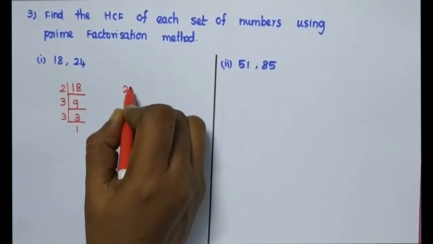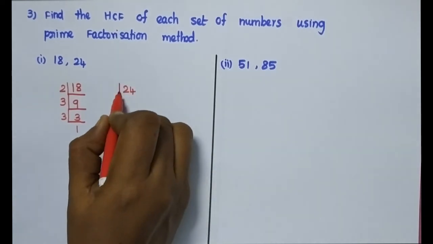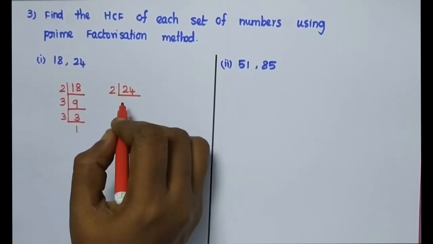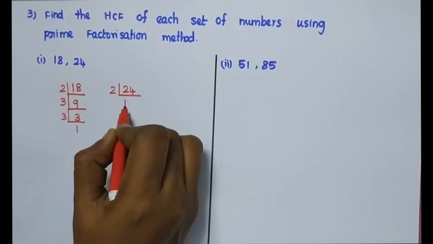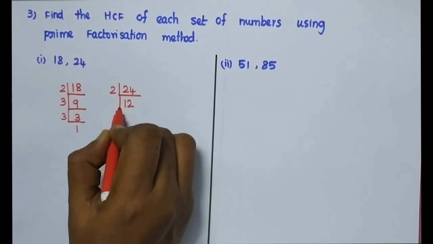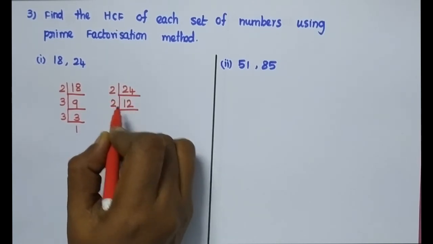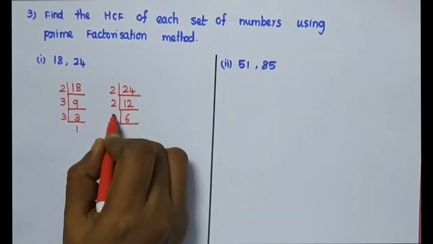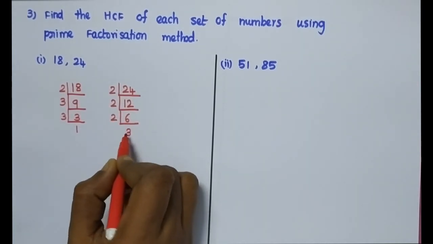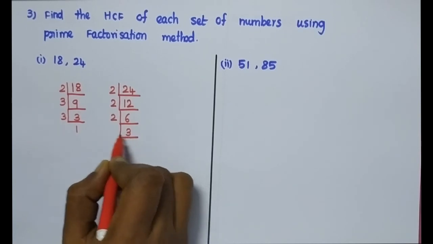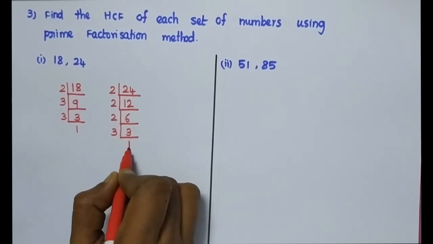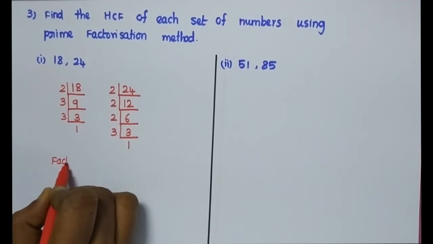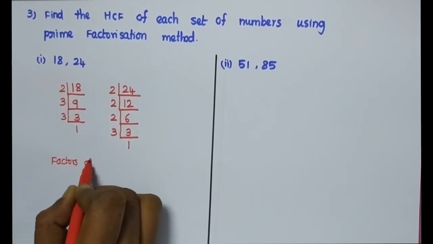Like that, we factorize 24. 2 times, divided by 2, how many times? 12. 12 2s are 24. Again divided by 2, 6 times. And again divided by 2, 3 times. 3 means we get 1. Now write the factors of 18.